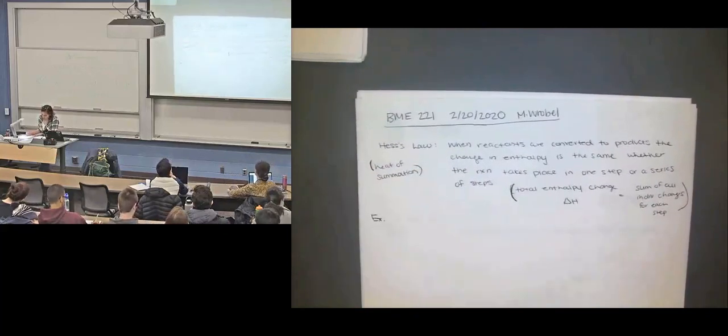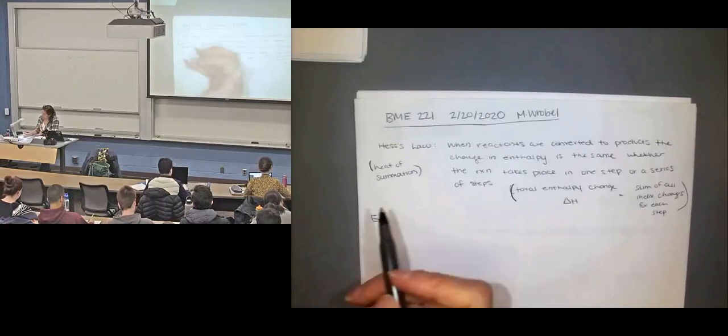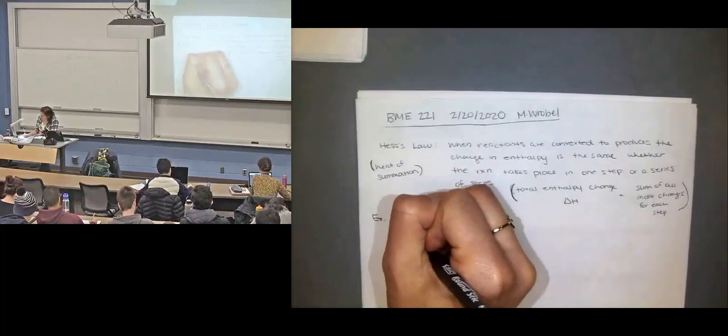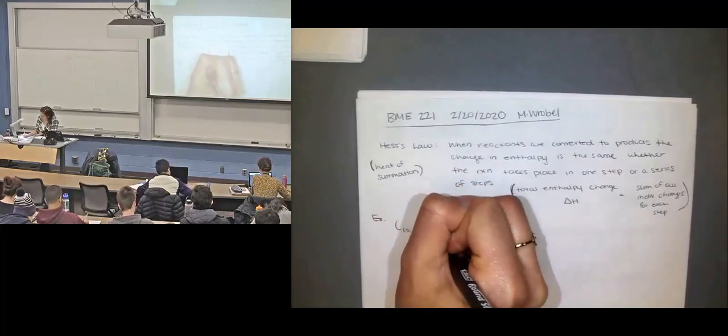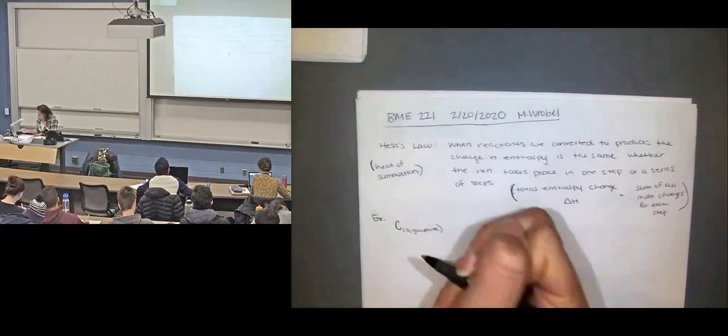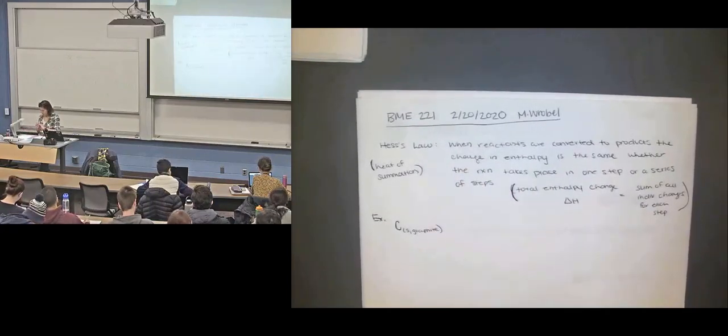Let's say I want to make CO2 from its elemental constituents. Let's say I have solid graphite. Who knows what the structure of graphite looks like? It's a bunch of hexagons of carbon.